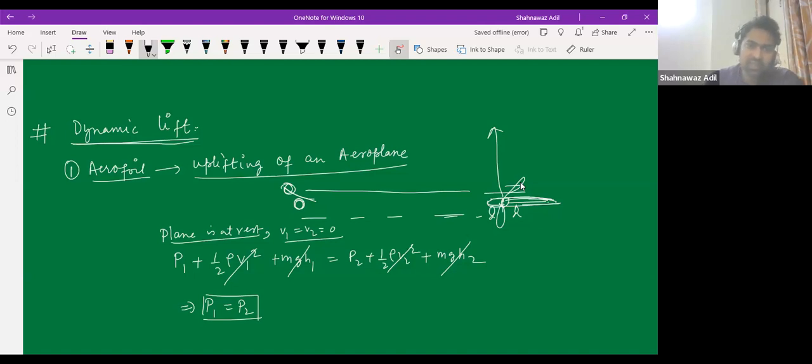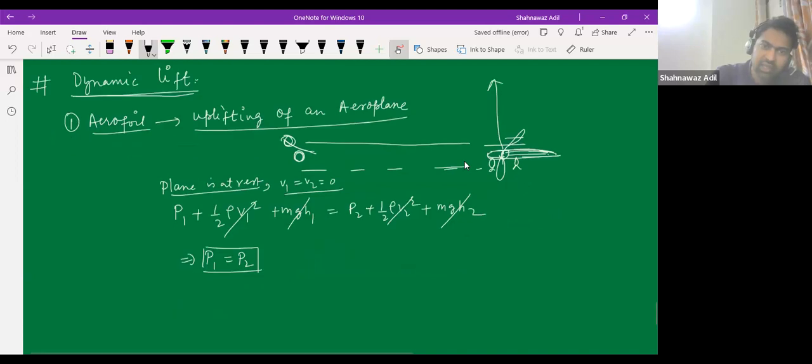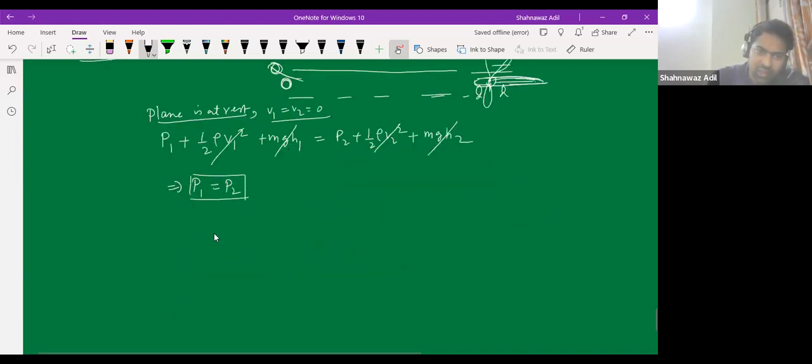Now the plane is moving, and it is on the ground again. So P1 plus half rho V1 square equals P2 plus half rho V2 square. Let me write this as P plus half rho V square, and this would be constant.